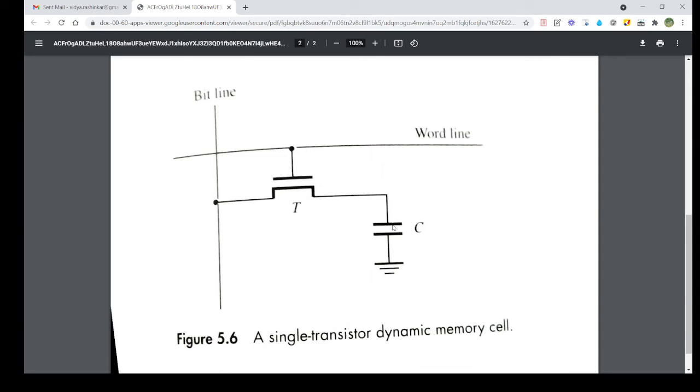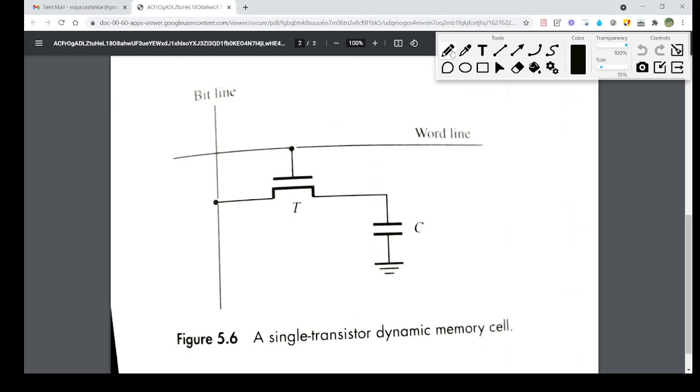In this single dynamic cell, we have a capacitor C and a transistor T. In order to store the information into the cell, transistor T should be turned on, and an appropriate voltage should be applied to the bit line.